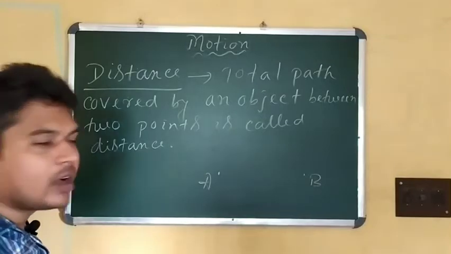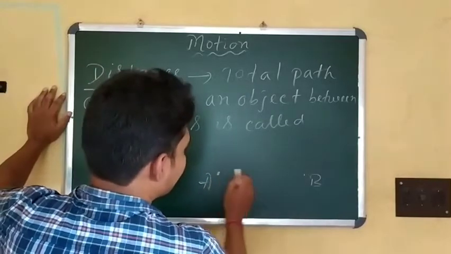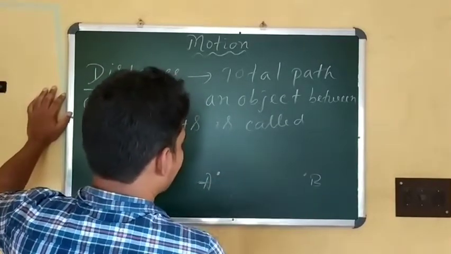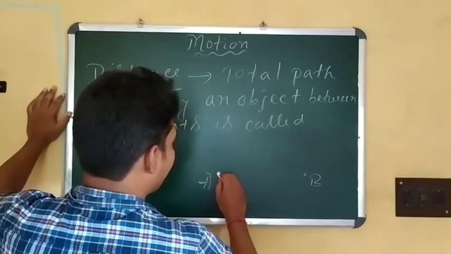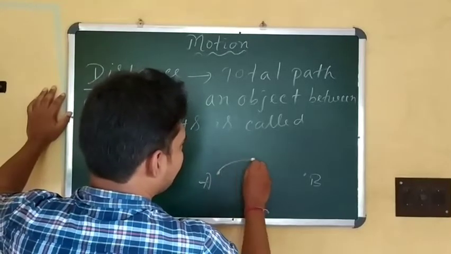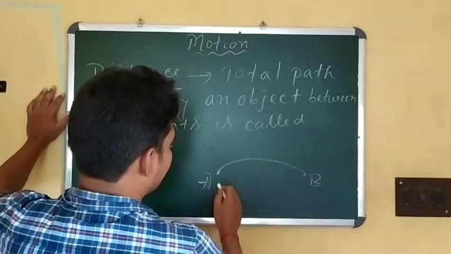Now you see that there are 2 points, A and B. You can move from A to B in this direction.